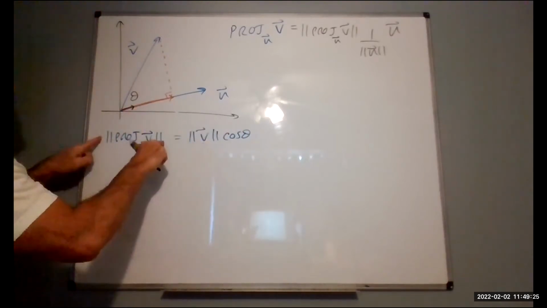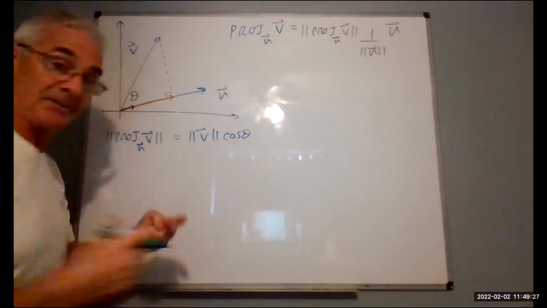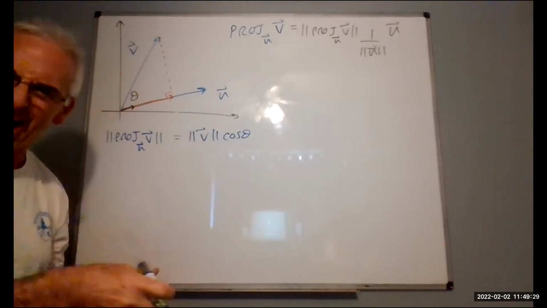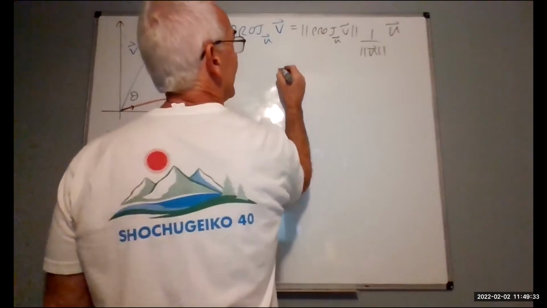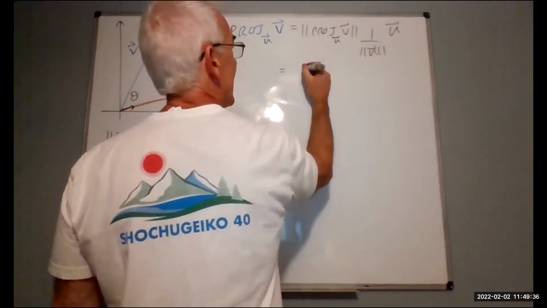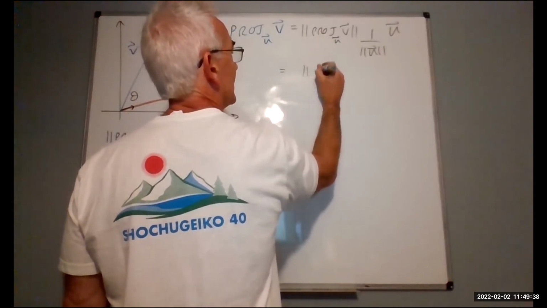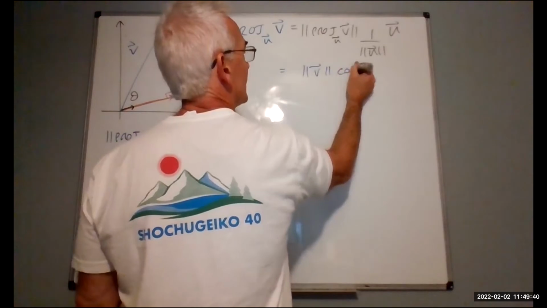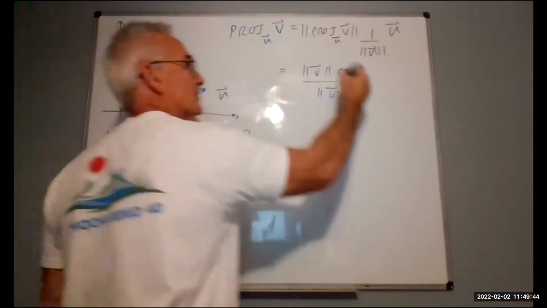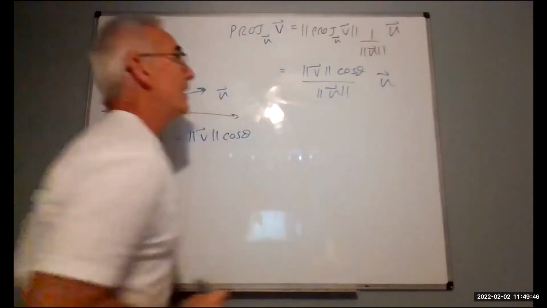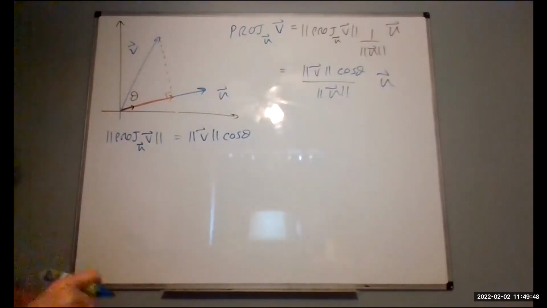Because we just said this divided by this equals this. That's the CAH in SOHCAHTOA. Oh, so I now have something. I now know what that is. I now have the following: length V cos theta over length U, these are all scalars, times vector U. This is my projection. That's exactly what it is.